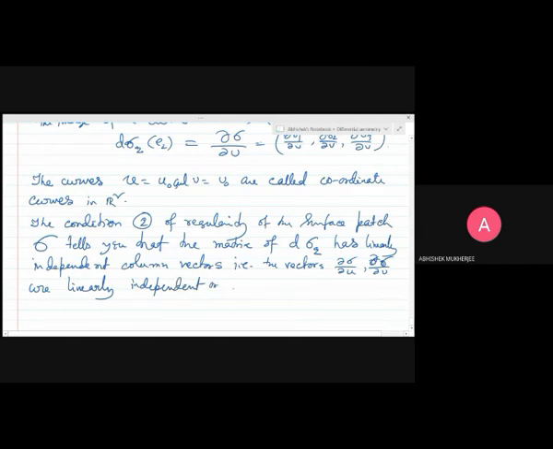Or equivalently, del sigma del u cross product del sigma del v is a non-zero vector.